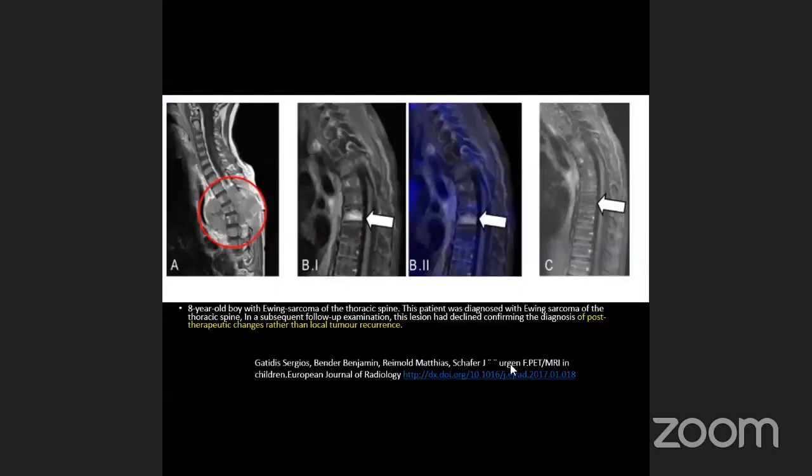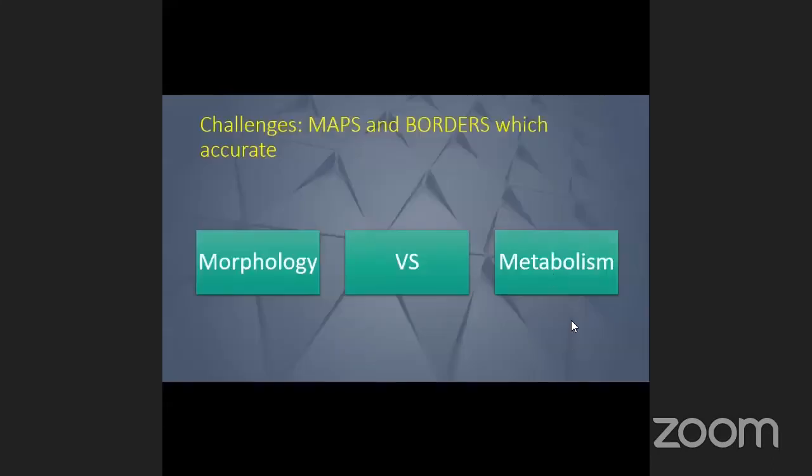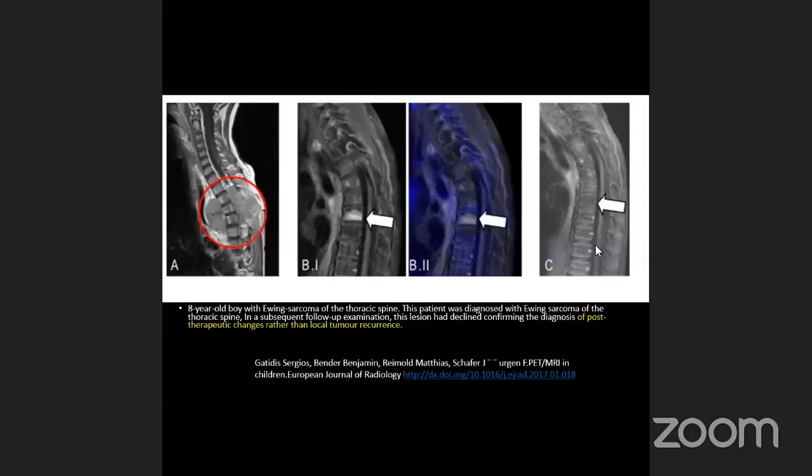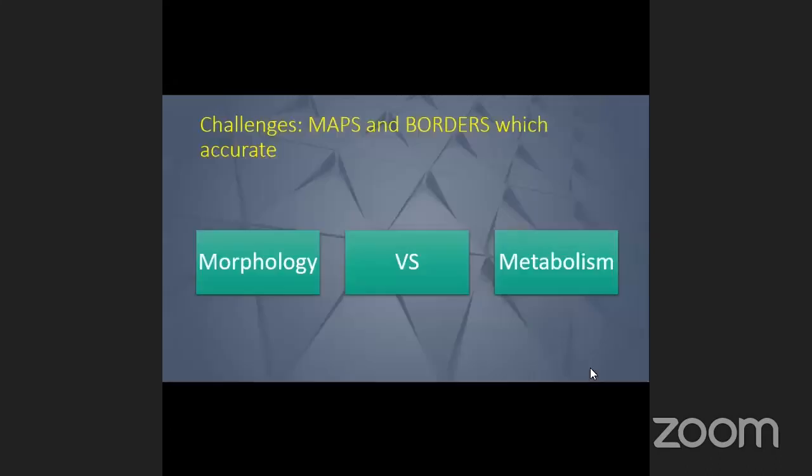Again, another lesion, and you follow up, and finally this patient had good therapy. Even in the MRI, there are still some changes, but it shows a good metabolic response. And this is the issue, how you can manage the way between morphology and metabolism.